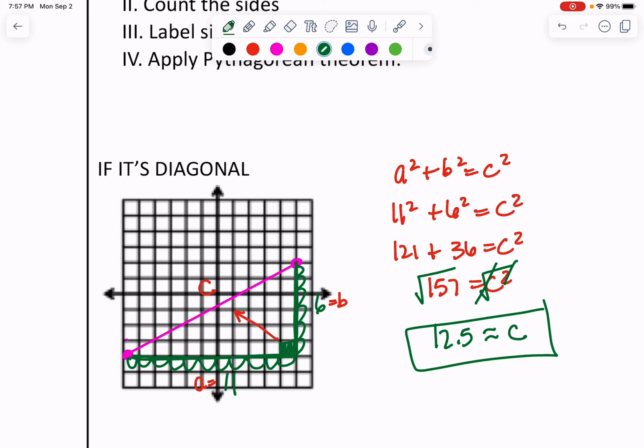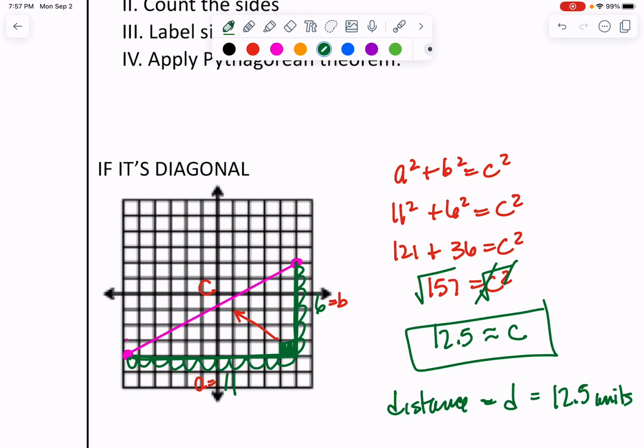But that's how I can use the Pythagorean theorem to find distance between points. Remember that distance is a lowercase d, so our distance is 12.5 units, which makes sense.